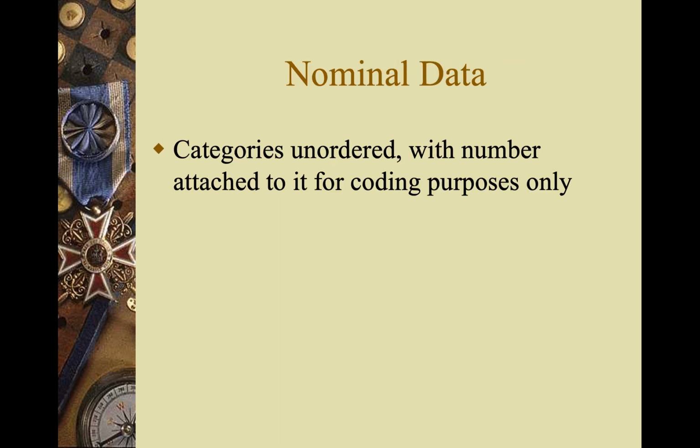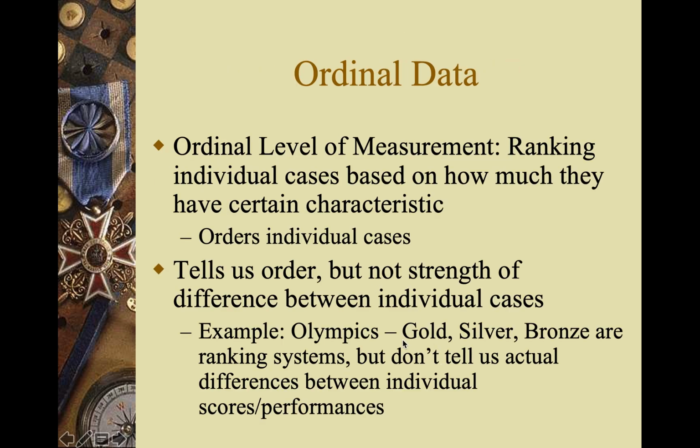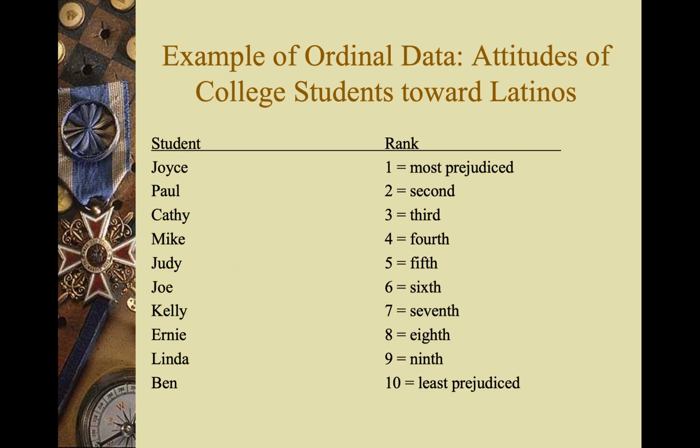For example, like I said back here with very unsatisfied, neutral, satisfied, or gold, silver and bronze, we're not exactly sure of the differences between them, but there is an order to it. So we might be looking at the attitude of college students towards Latinos. These are our students, and this is the order of what they ranked in terms of their level of prejudice.